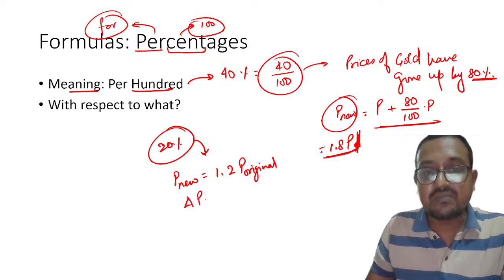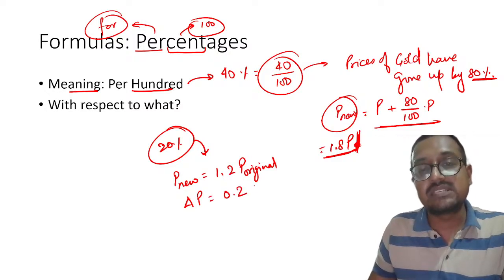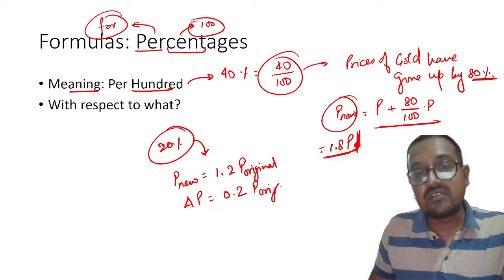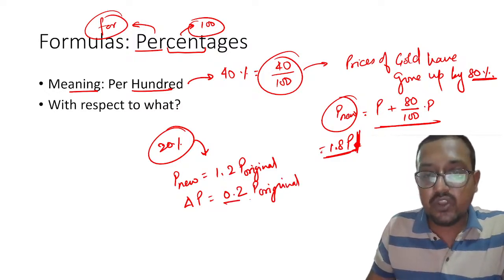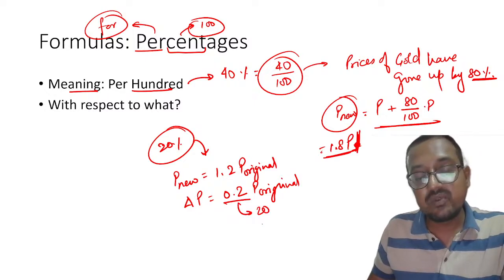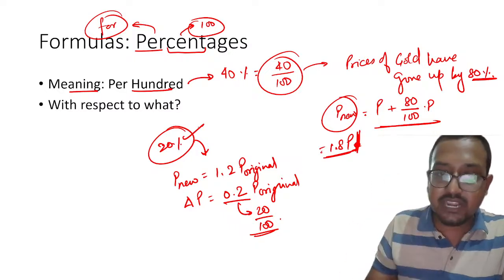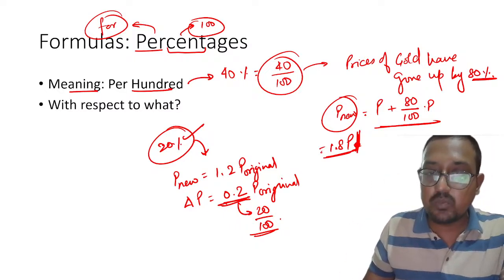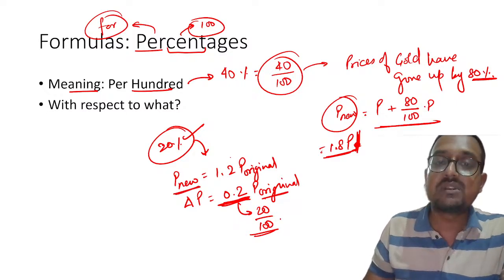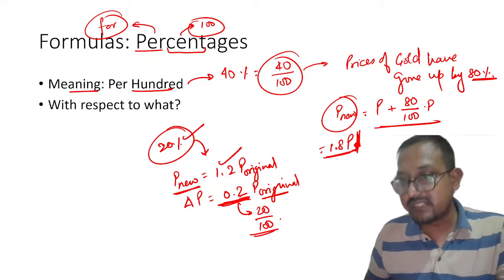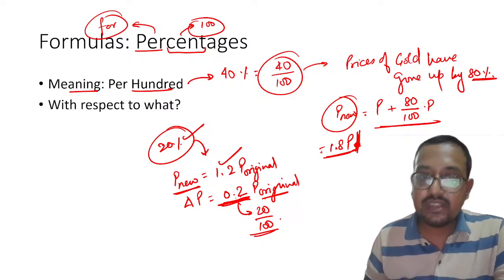If someone asks, the increase will be 0.2 times the original P, where 0.2 is nothing but 20 by 100. I hope that is very clear in your mind. 20% means 20 divided by 100, that is the increment, 0.2 times original P. New price will be 1.2, that is original P plus 0.2 P. Understood by everyone?